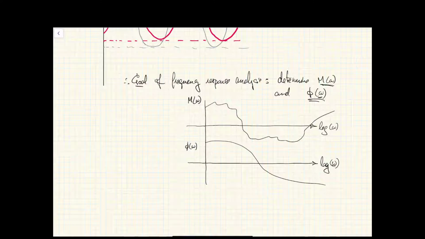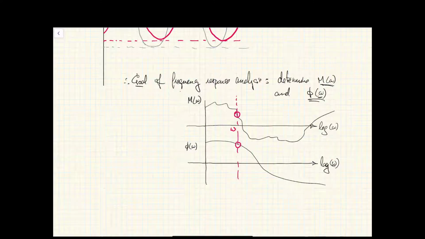And if I then want to analyze the behavior of my system at a given frequency omega, once I've established this frequency response plot, I would pick that omega, which is on both of those intercepts, and I would know by how much my initial amplitude is magnified, and I would know by how much my response leads or lags the input signal. And that's the beauty of the frequency response analysis.